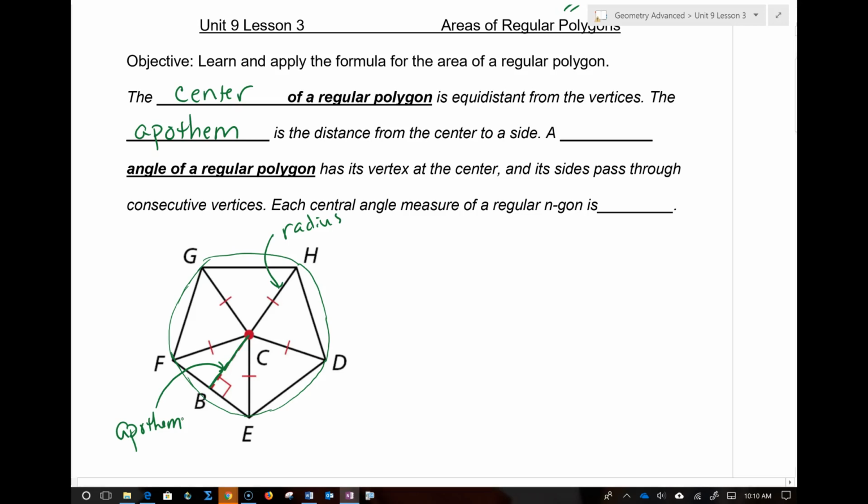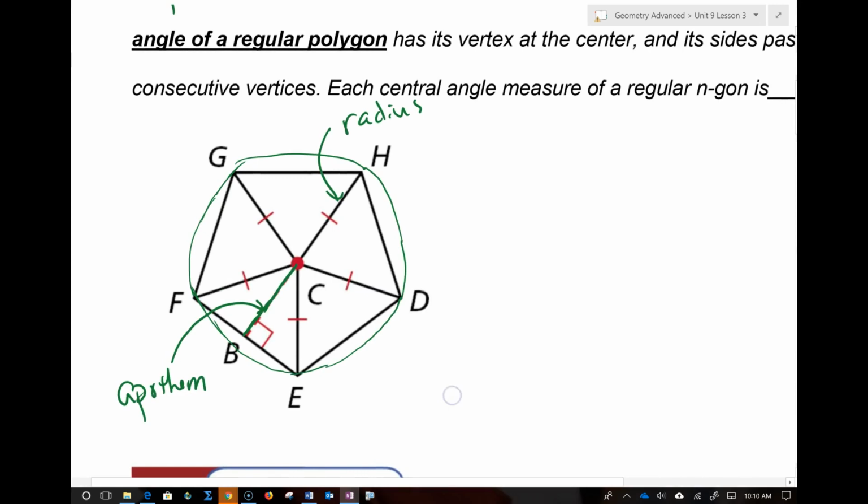Now, let's go back for a few minutes and see how much information you know. If I have the radii of a pentagon, we know they're all the same. Do you agree that they make these lovely little triangles right here? And what's so special about those triangles? They're always going to be isosceles. So if I draw in my apothem like I do right here, what does it do to my side, like my segment FE?